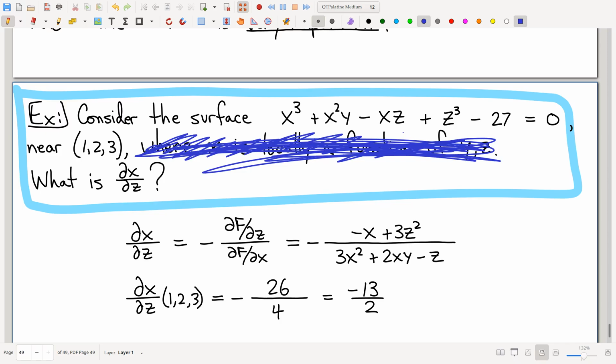And you have to remember, and this is a really important part of the question, that you can't just start writing stuff down like this. I can't just write down partial of x with respect to z. I don't even know if x is a function. Where does it say x is a function of y and z? It's not in the statement of the question. Certainly can't be assumed.